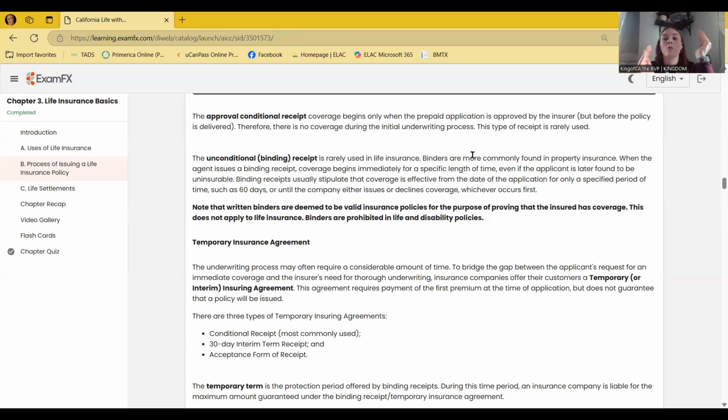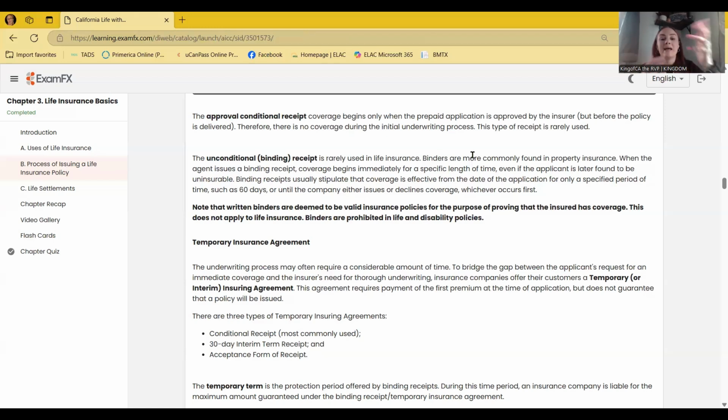While we're waiting to hear whether we are approved or denied, a binding receipt gives guaranteed coverage while we wait. This is kind of why it's not used very often, and it's definitely not used when it comes to life insurance, because it's a guaranteed baby policy, basically, that promises coverage while you wait.